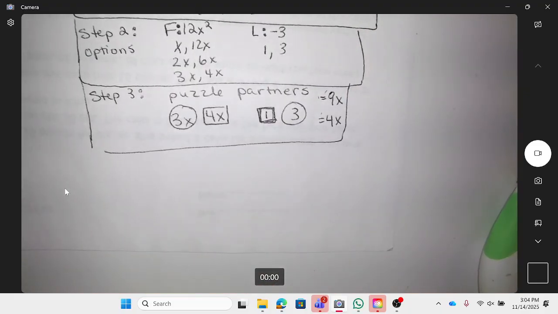Okay, so what was the point of that puzzle? You're puzzling to make a 9x and a 4x, finding the puzzles.